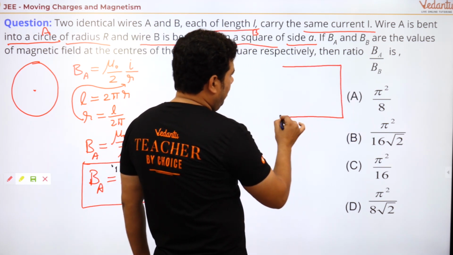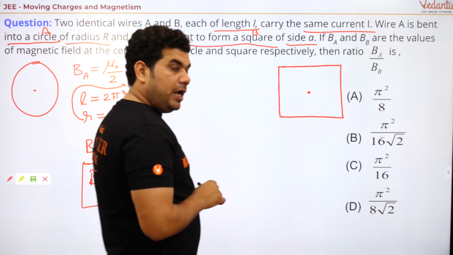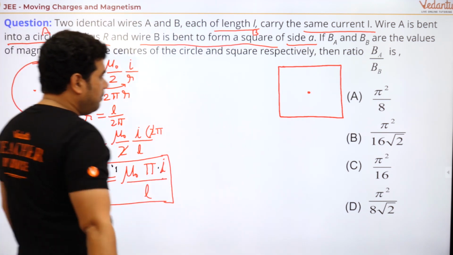So suppose we have this square loop and the center is here, and at the center we have to find the magnetic field.